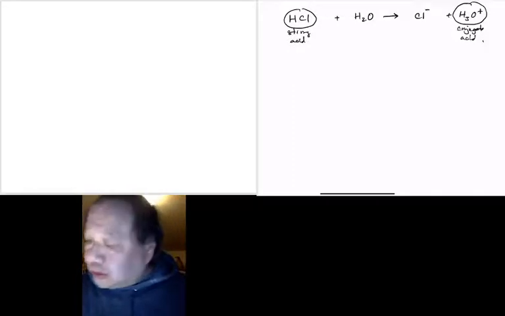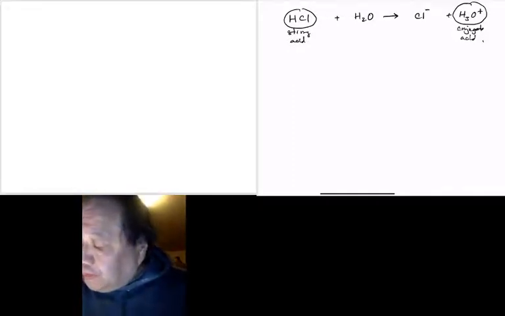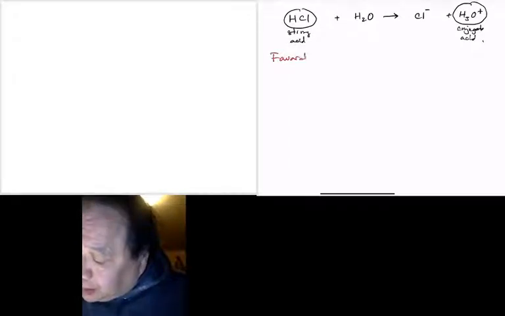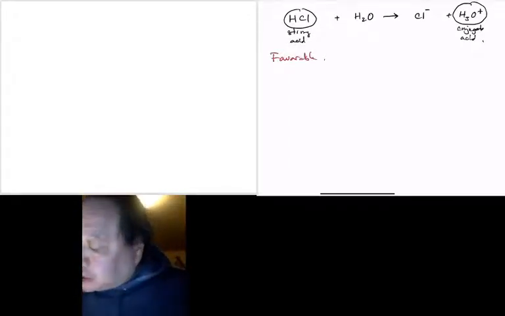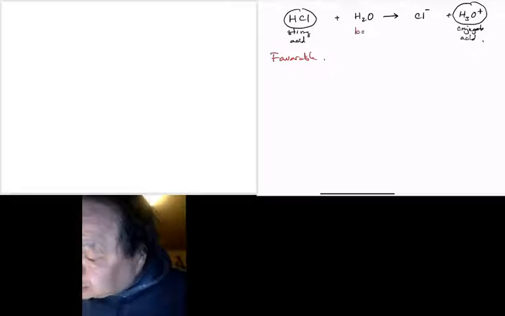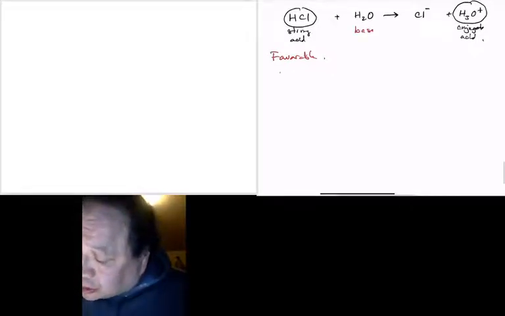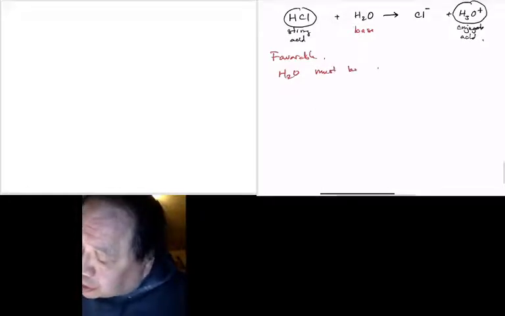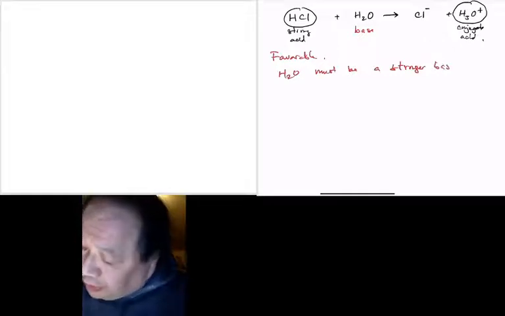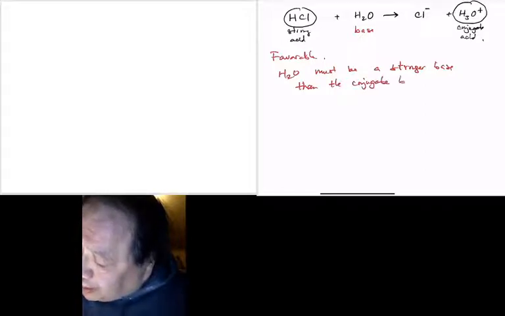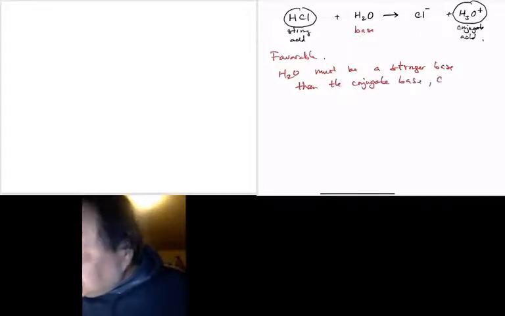But there's a very interesting corollary. If this reaction is favorable, that means that H2O, which is the base, must be a stronger base than the conjugate base, and the conjugate base is Cl minus.